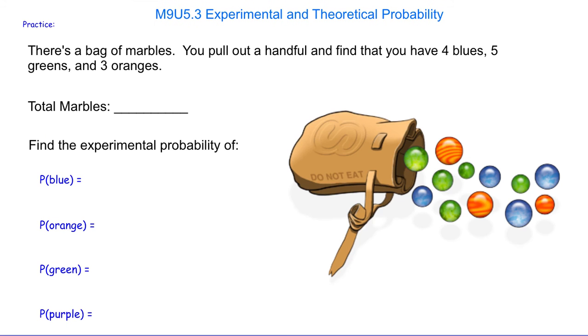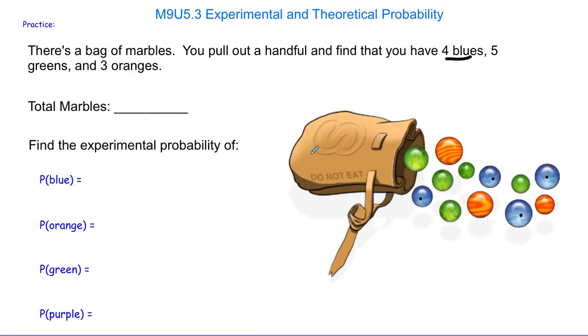So let's try that out. You've got a bag of marbles. This is just a really stereotypical experimental probability thing. We don't really know the probability yet, but we're trying to figure it out. So we have marbles that are blue and green and orange, and we have 4 blues and 5 greens and 3 oranges.